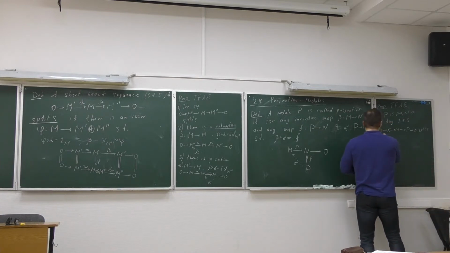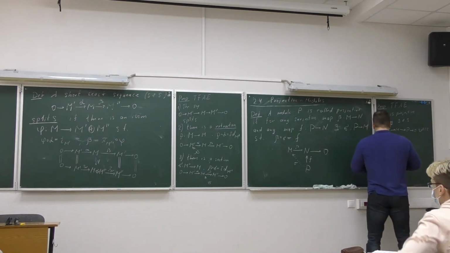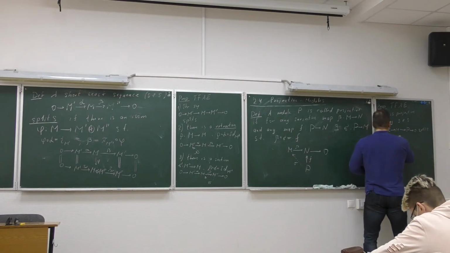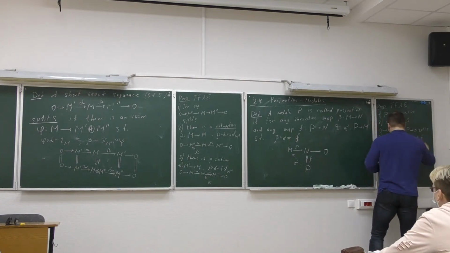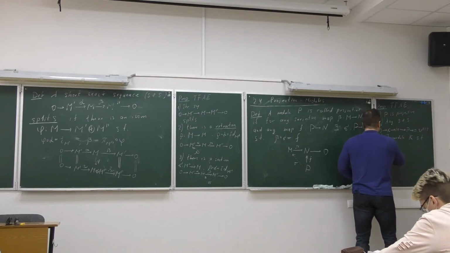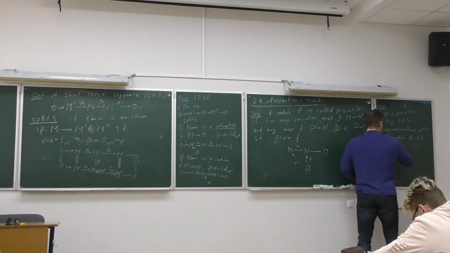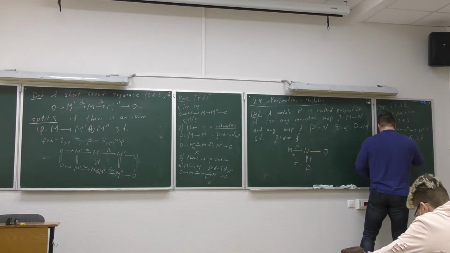So condition number 3 is that there is a module K such that the direct sum of K plus the given projective module P is a free module.